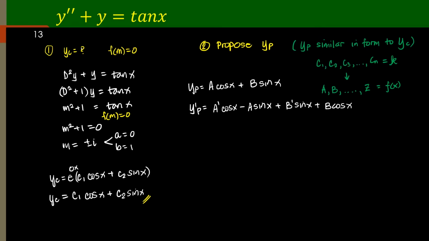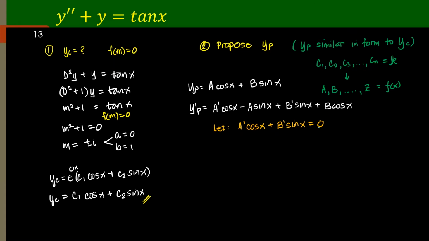However, when I solve for the double prime, it would be difficult to have this line, because look at this line. This line contains an A prime already and a B prime. So what I do here is, I would say, let those with prime, A prime cosine of x plus B prime sine of x, be equal to 0.